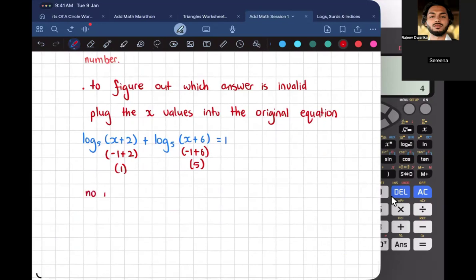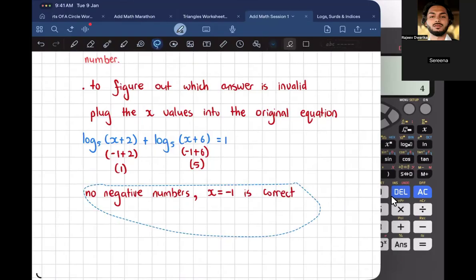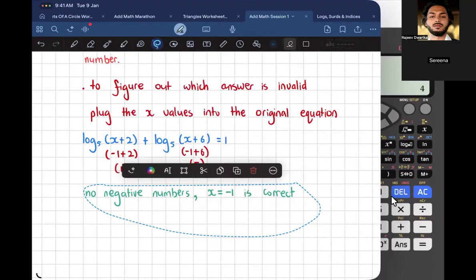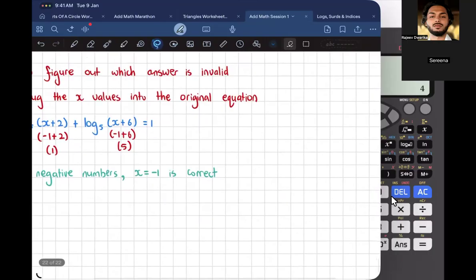No negative numbers. So x is equal to negative 1 is correct. I probably shouldn't write it in red because we just associate red with being incorrect. I'll write it in green.